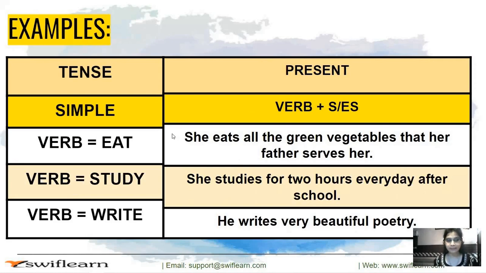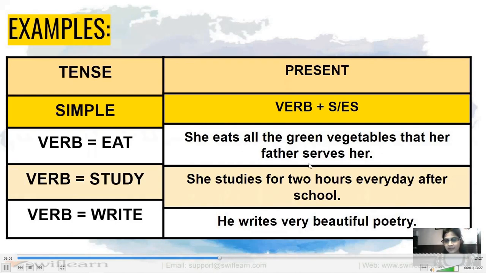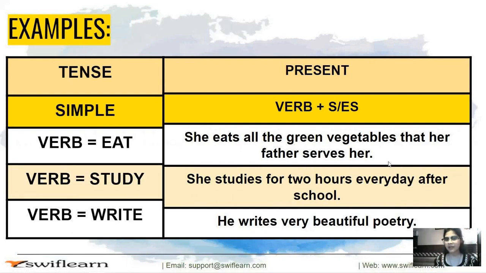Let's take some examples. With eat, we will say she eats. When we talk about she, we use s at the end of the verb. All the green vegetables that her father serves her. Here we have two verbs, so we use one eats here and serves here.